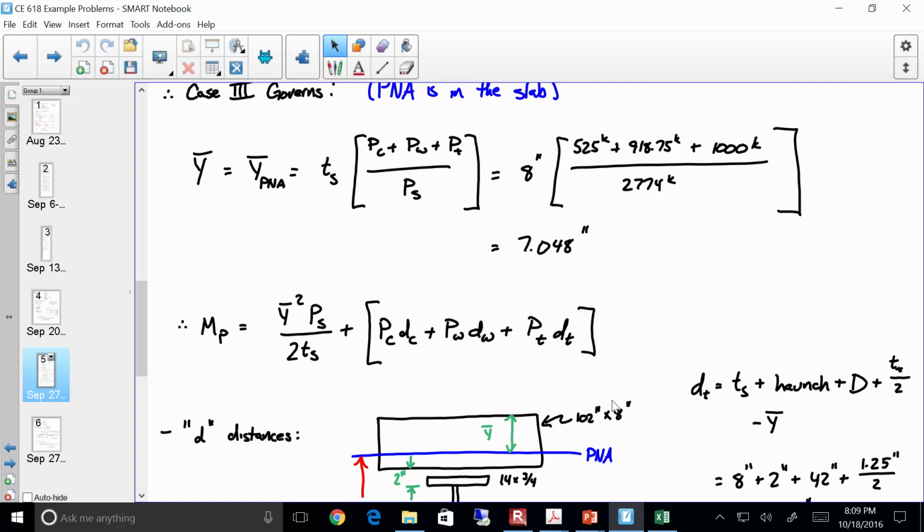From the top of this section to the P&A, that was Y bar, which we already calculated was 7.048. Sound good? DT is just the total depth of the whole section. Okay? So bottom flange, web depth, haunch, and then another slab thickness. Sound good? Pretty simple. It can't get much simpler than this.